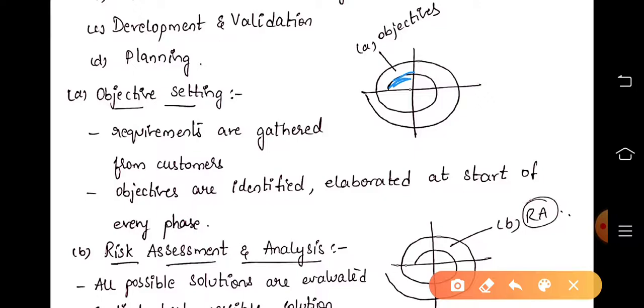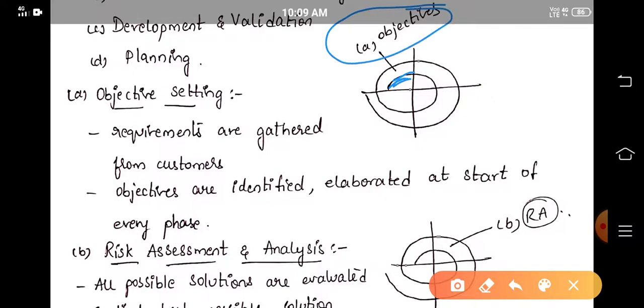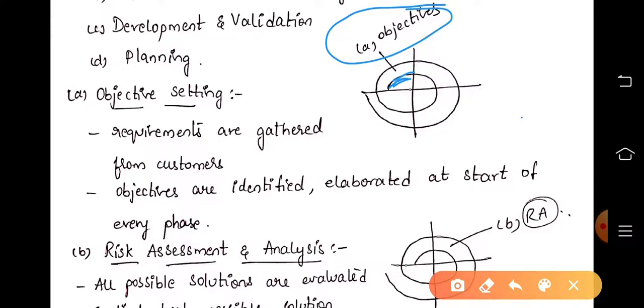The objectives are identified at the start of every phase. As you all know, in waterfall model the starting phase is requirements gathering. That happens in this first phase of this loop.